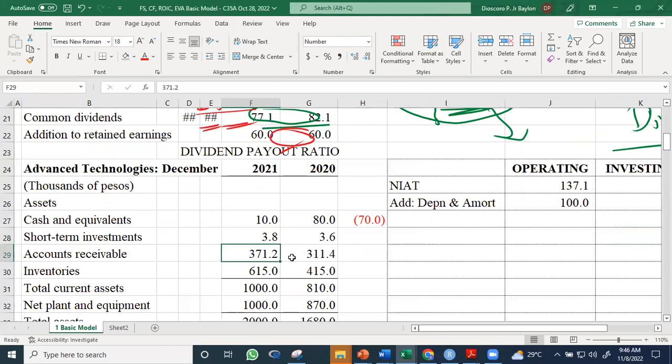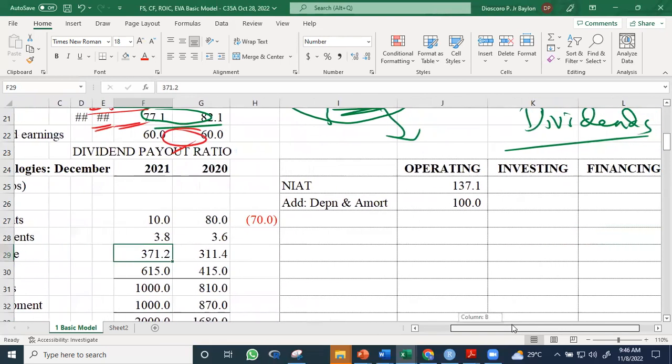Okay, this one, accounts receivable. What happened to accounts receivable? From 311.4, it became 371.2. Okay, I want you now to answer two things.